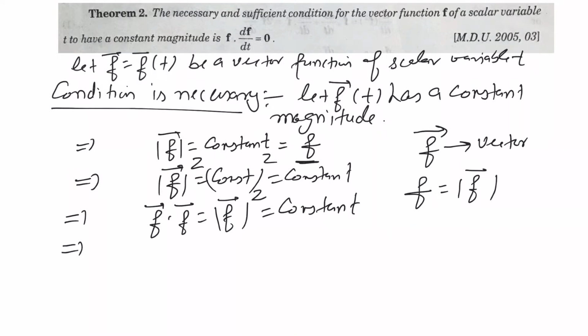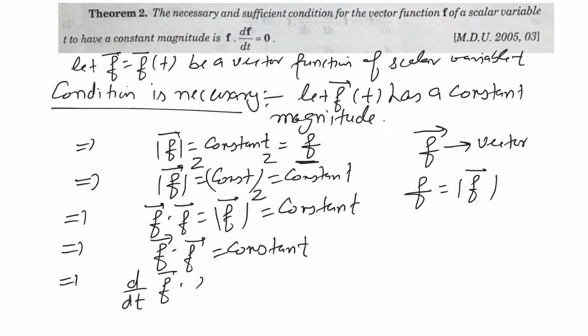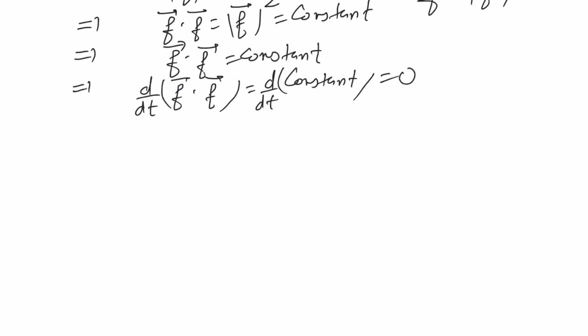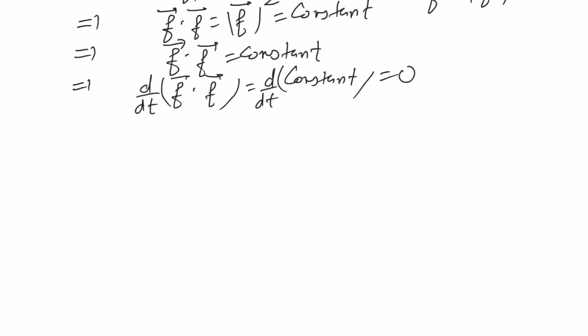This implies that f dot f is equal to a constant. Now differentiating both sides with respect to t, we get, and differentiation of a constant is 0.